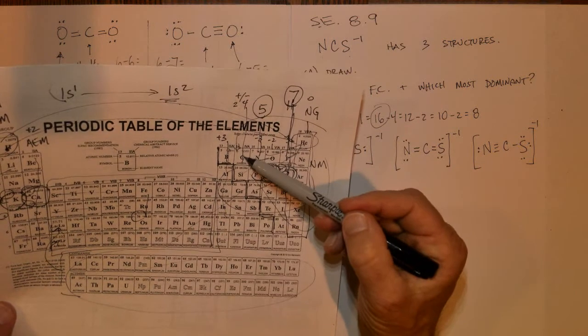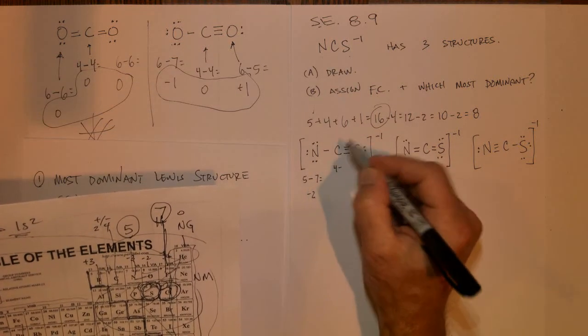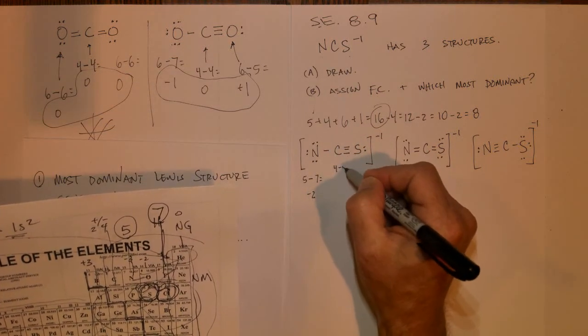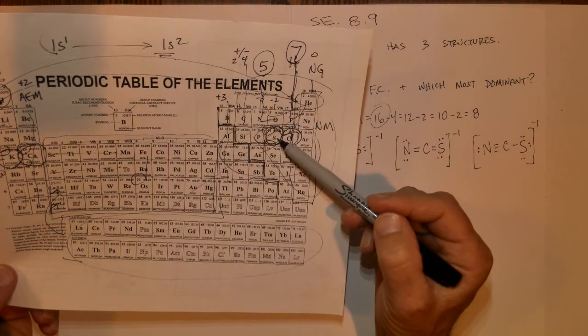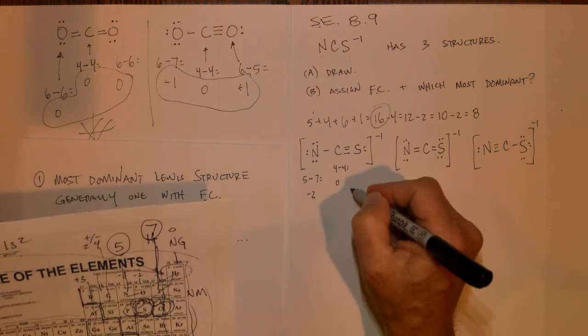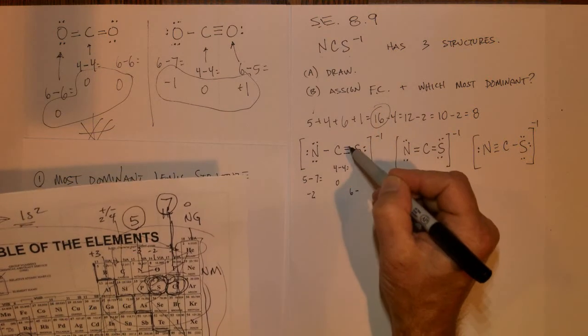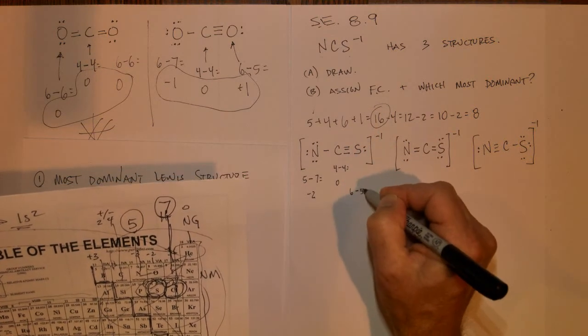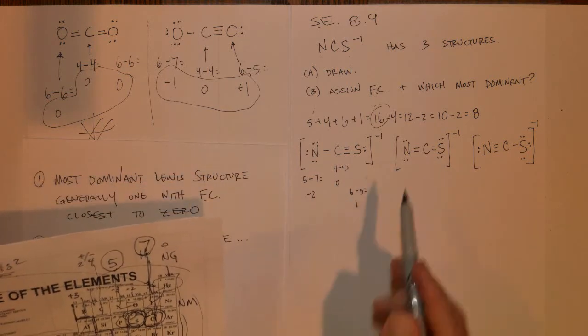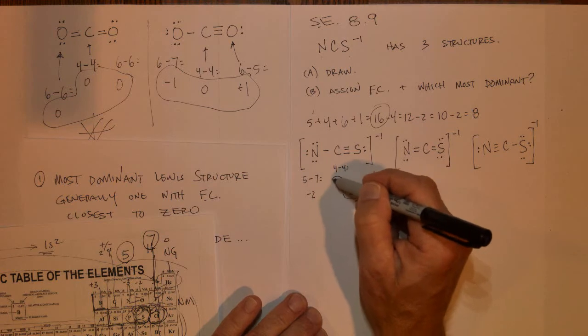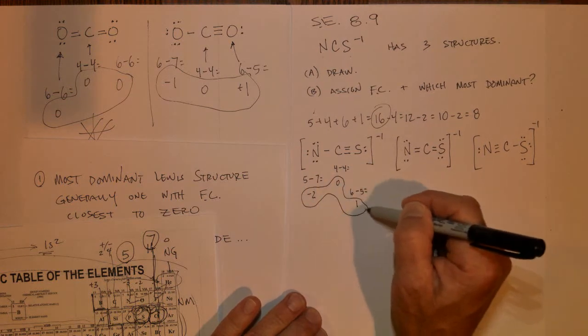Carbon, 4 minus 1, 2, 3, 4, 1 from each bond, so that would be 0. Sulfur, 6 on the periodic table, minus 1, 2, 3, 4, 5. 6 minus 5 is 1. So -2, 0, and 1 in this structure. We have close to 0 on some things, but not all zeros.